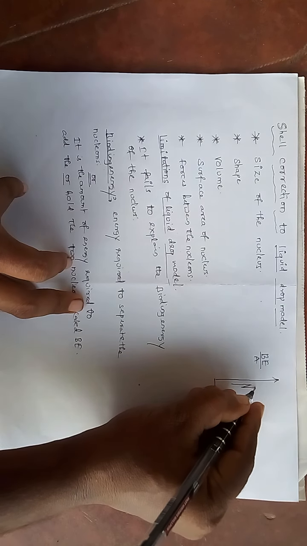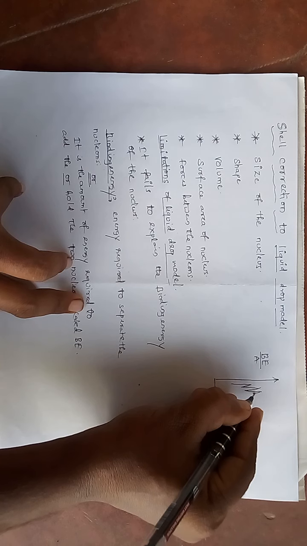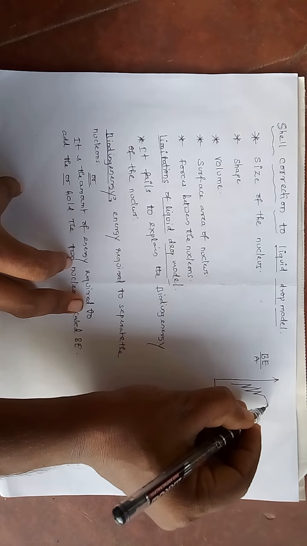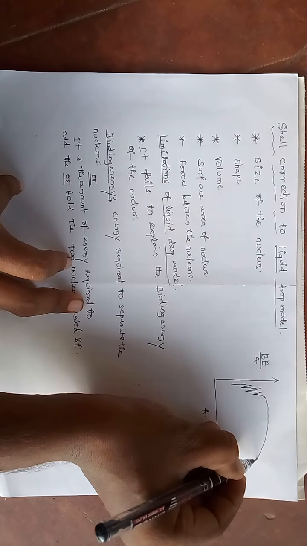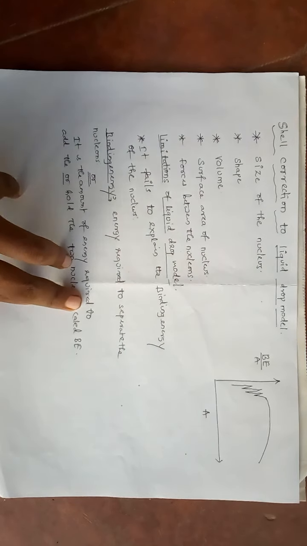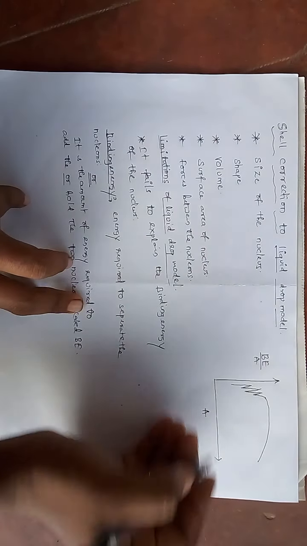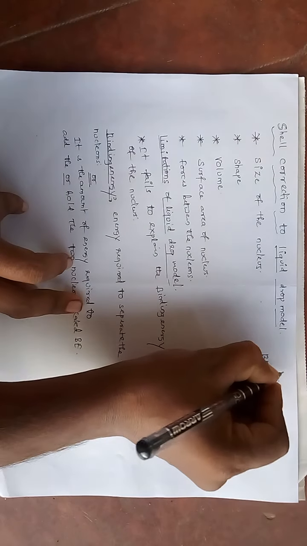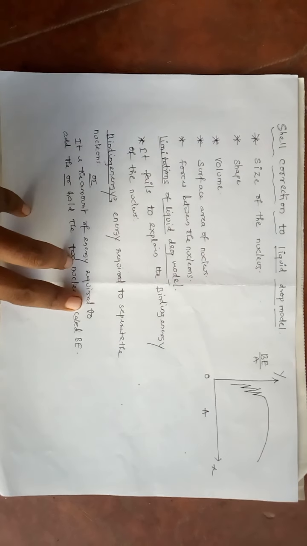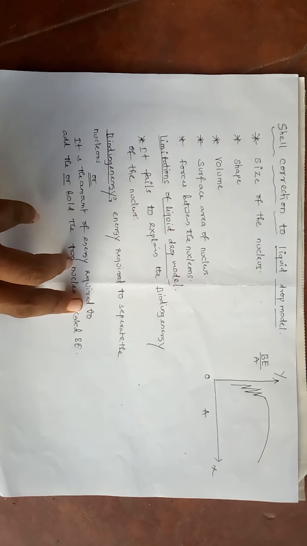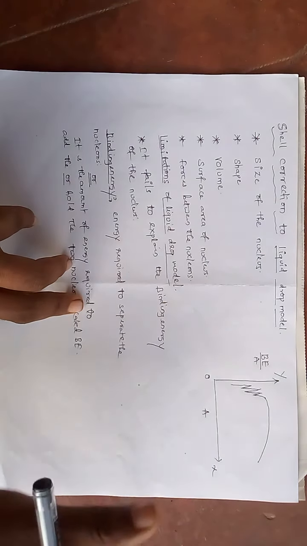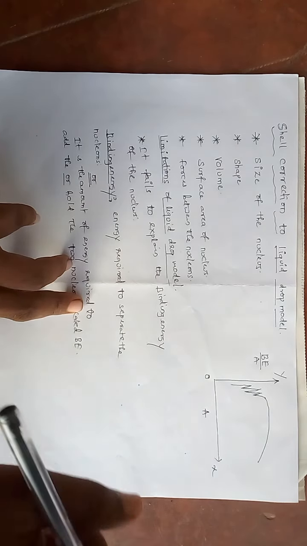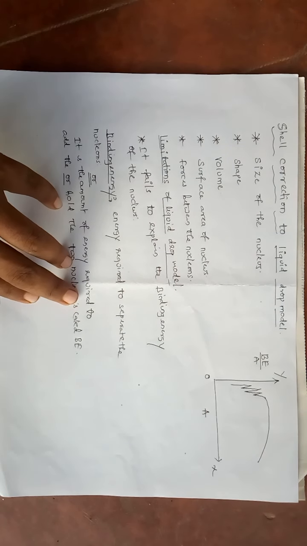It is a fluctuating graph initially in this position, and after that it has this shape. Okay, this is the origin, x-axis, y-axis. When you plot the binding energy per nucleon along the y-axis and atomic mass number along the x-axis, we get a graph like this, in this shape.